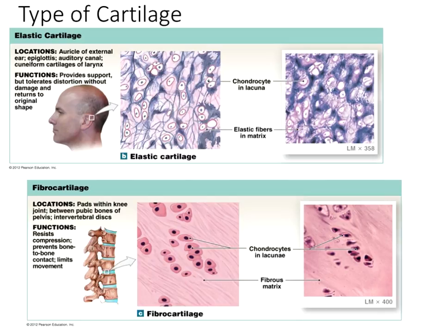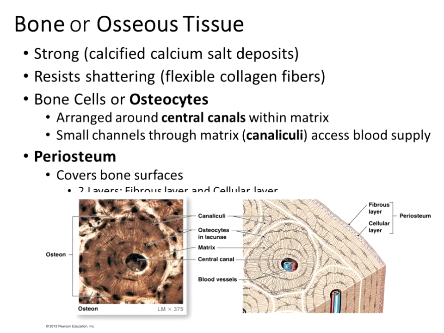And because you need a lot of strength, yes, the matrix is jelly, but there's a lot of collagen living. So the discs that are weight bearing in your spine, all of them have a lot of collagen, and that's what helps make the disc strong and handle the weight that you apply on them. The meniscus of your knee, the symphysis in your pubis, so they're weight bearing areas where you need a big thick padding, typically is going to be this fibro collagen rich cartilage.